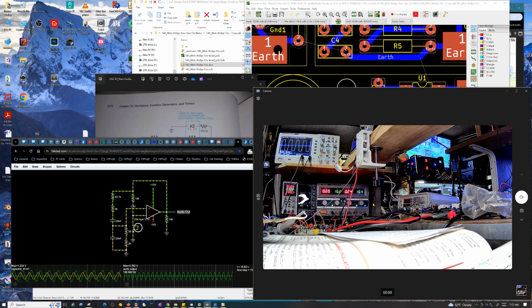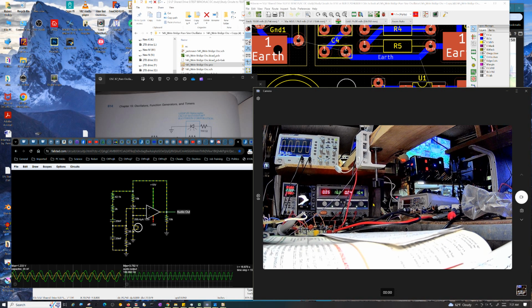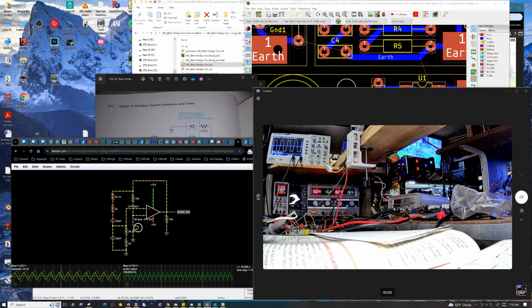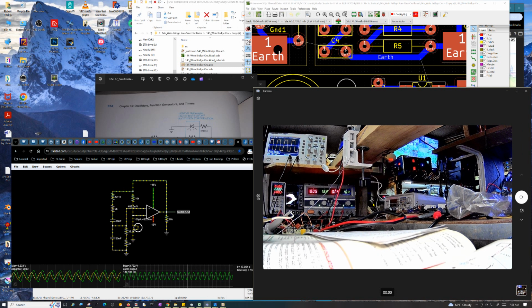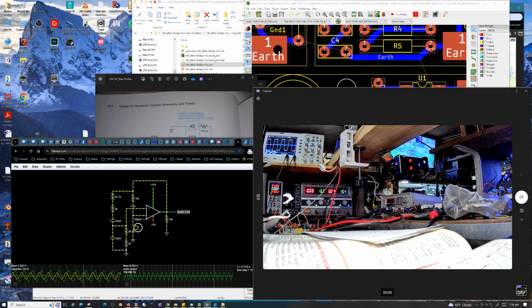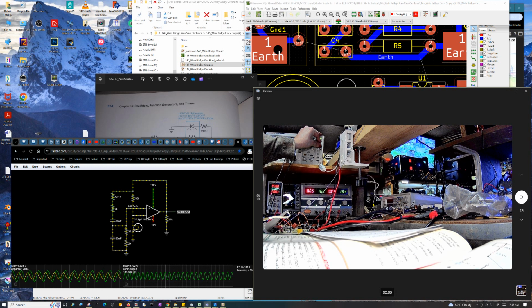And the lower the resistance, the lower the frequency. We're down to 28 kilohertz or something right now. At some point it'll probably stop. So we're at 5 kilohertz. That's a pretty broad range.